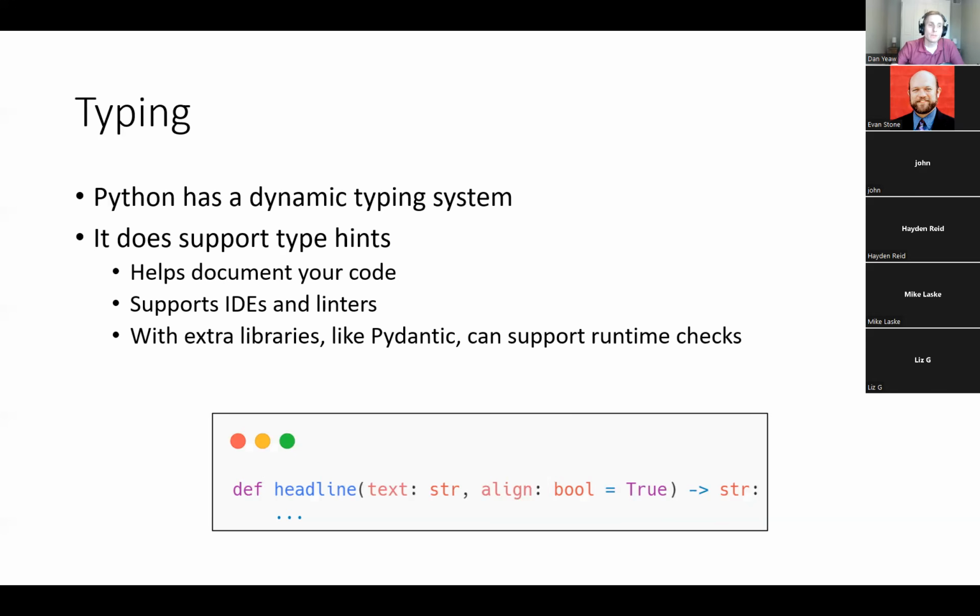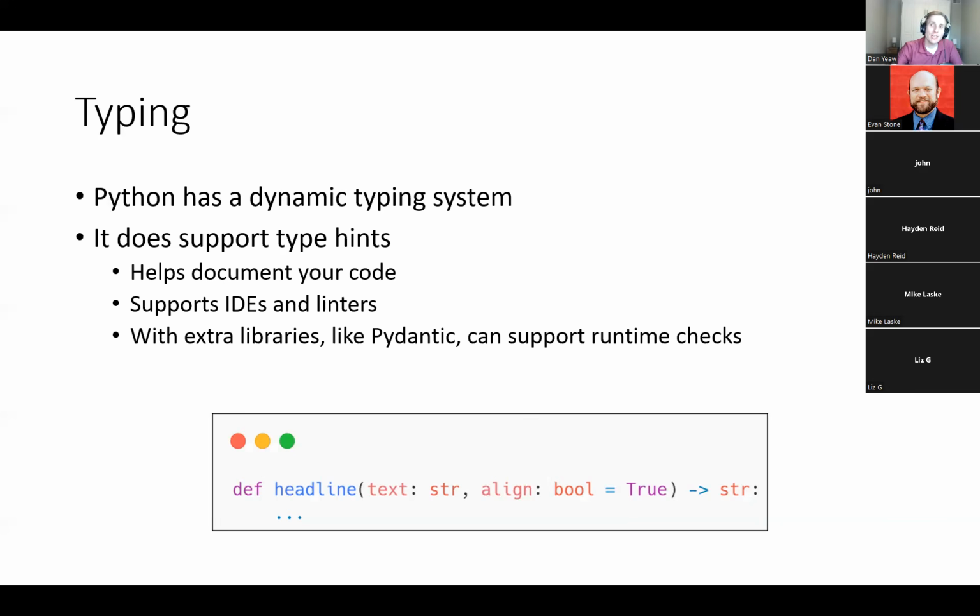So you can use a library called MyPy, where you can run MyPy on your code, and it'll look for issues with the types being defined incorrectly, or you're passing the wrong type of information from one function to another. And the type hints also help those IDEs so that if you're calling a function, it knows what type of variable you're passing into the function itself. So it can help with autocomplete and stuff like that.